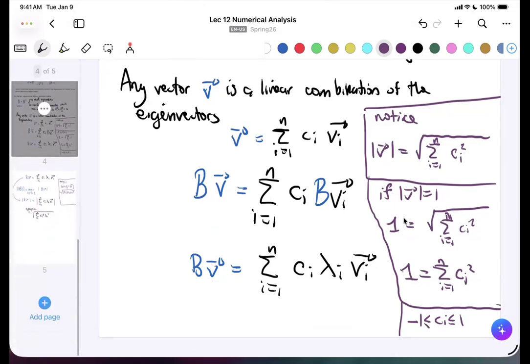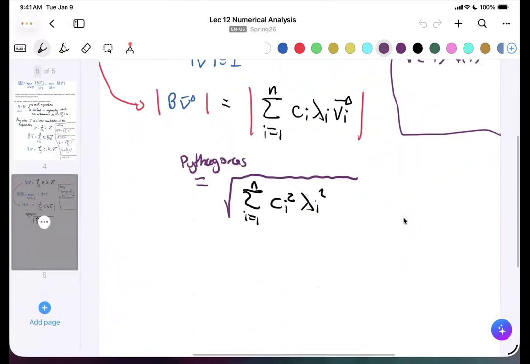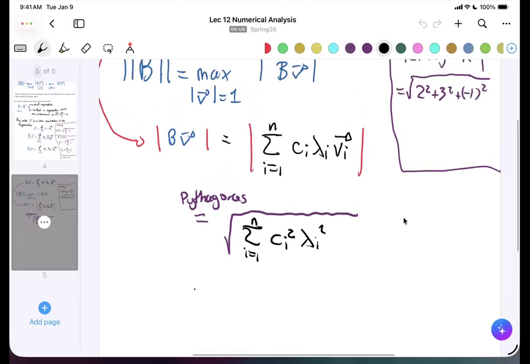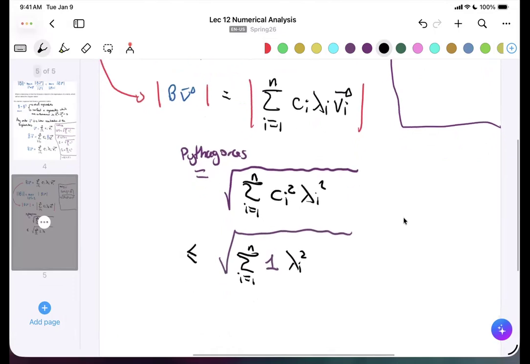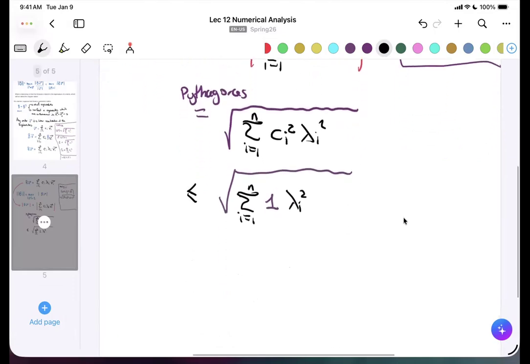So how is that useful in this inequality? So this length, which was equal to the square root, would be less than or equal to what I get if I replace each coefficient squared with 1. Okay? But what is that?